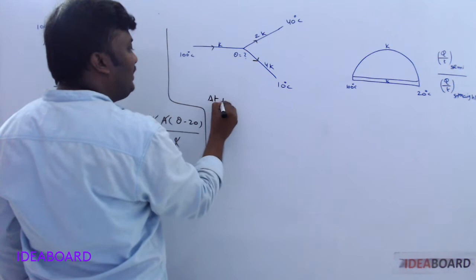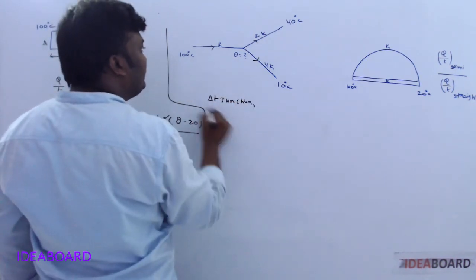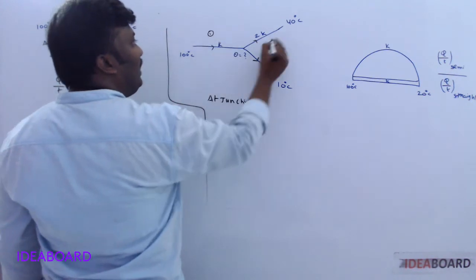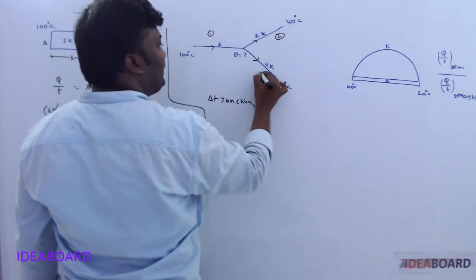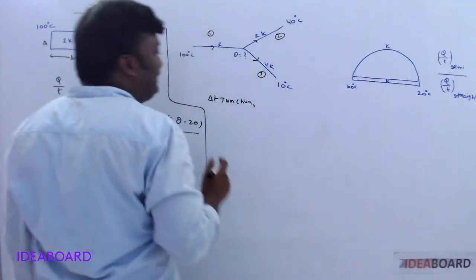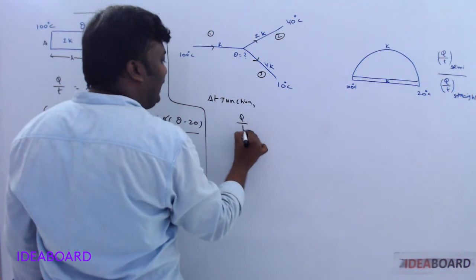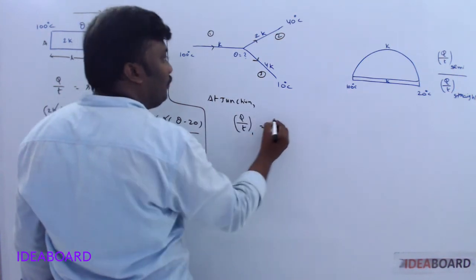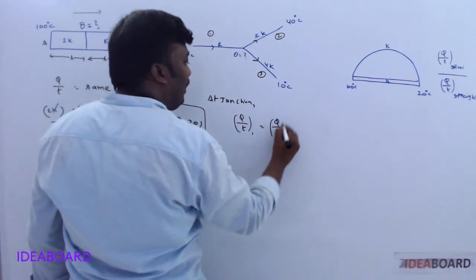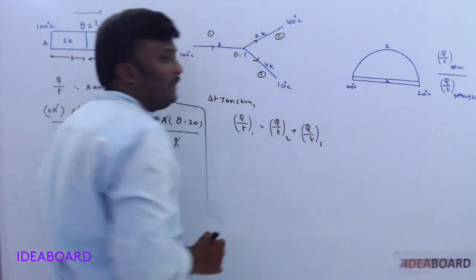In simple words, at the junction, let the incoming current be taken as 1, and the outgoing ones as 2 and 3. All lengths and areas of cross section are the same for each rod. Then at the junction, incoming current, Q by T of 1, is equal to Q by T of 2 plus Q by T of 3.